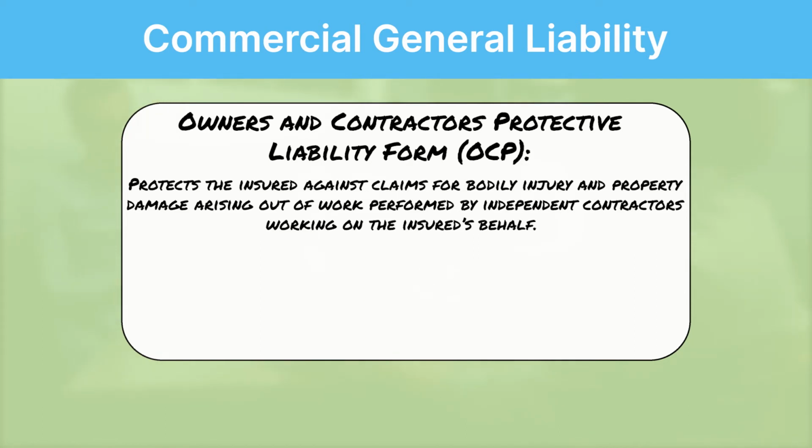And the second is when a general contractor insured insures the operations exposure of work performed on the insured's behalf by independent subcontractors. In the latter case, the OCP even protects the general contractor insured for their negligent supervision.